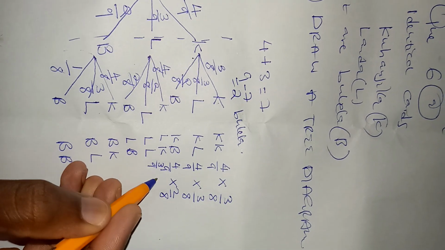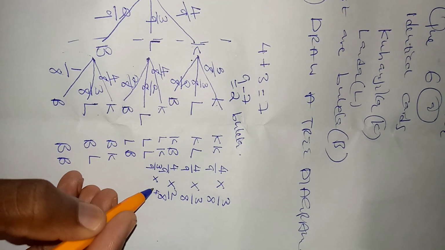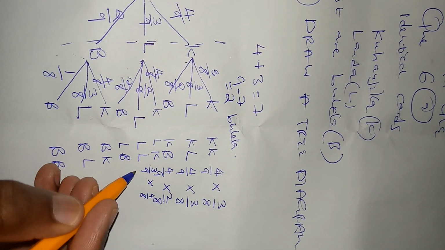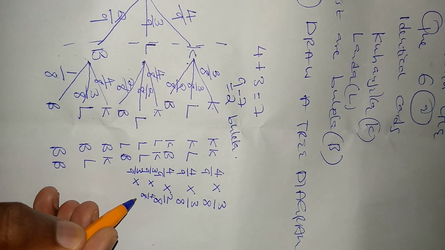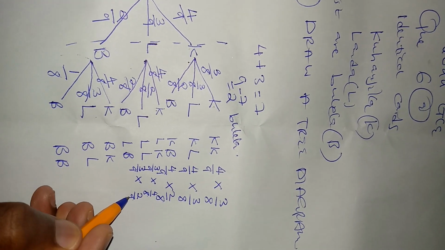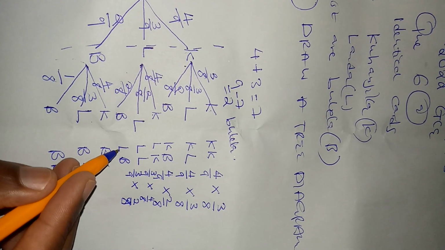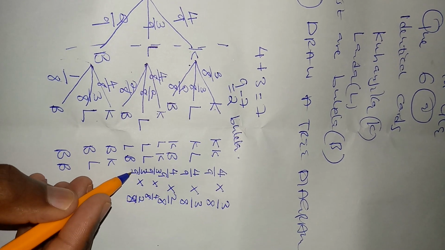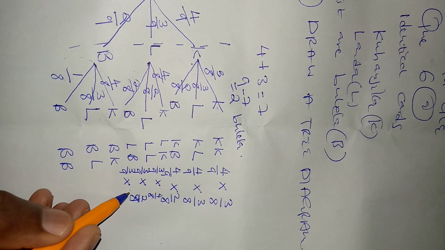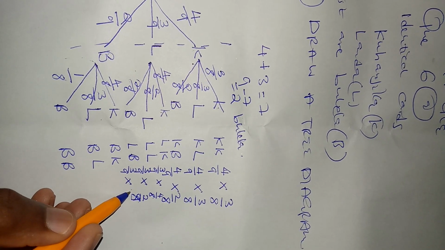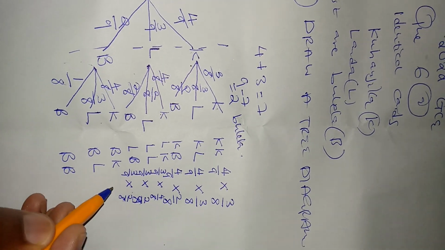Okay, we have 3 over 9 by 4 over 8. We have 3 over 9 by 2 over 8, 2 over 8, sorry. And then the first picking we had 3 over 9. The second one there we have 2 over 8.